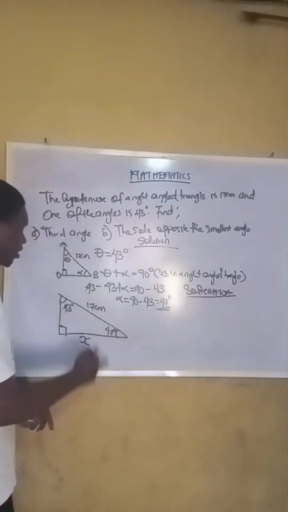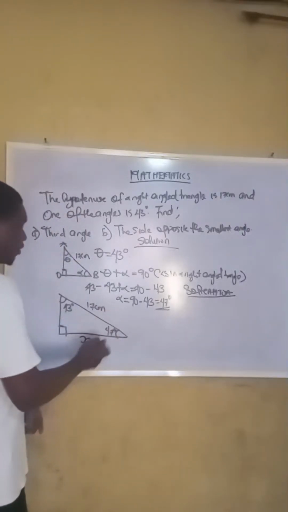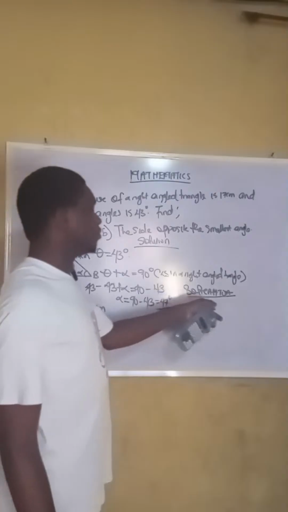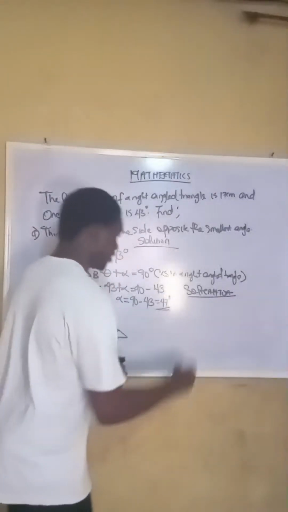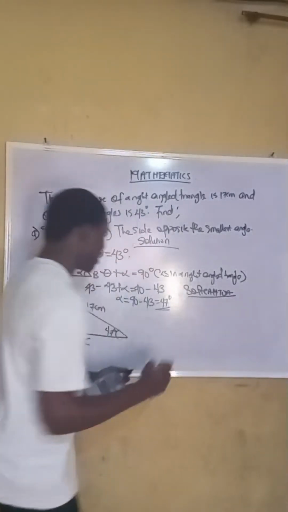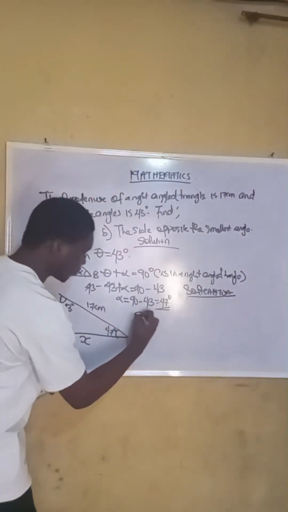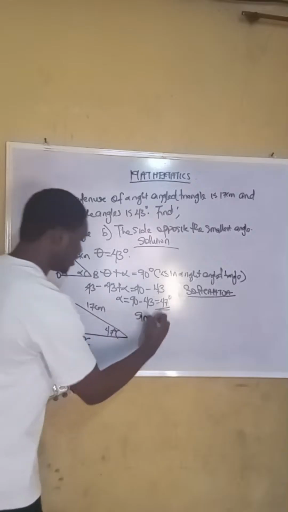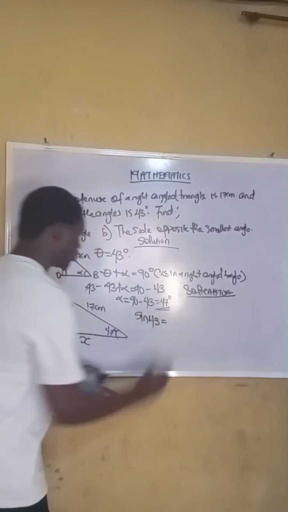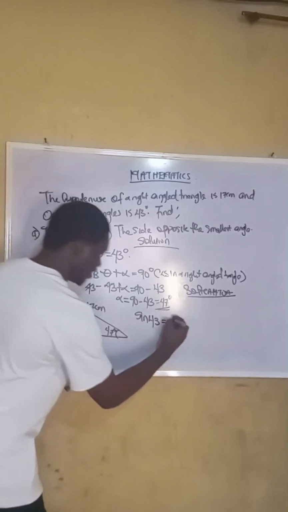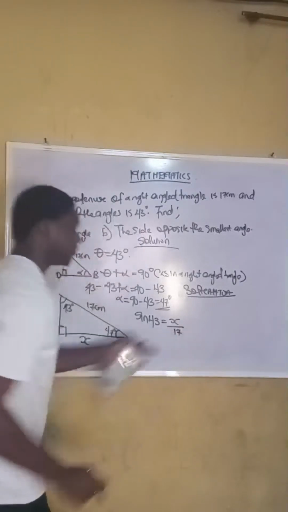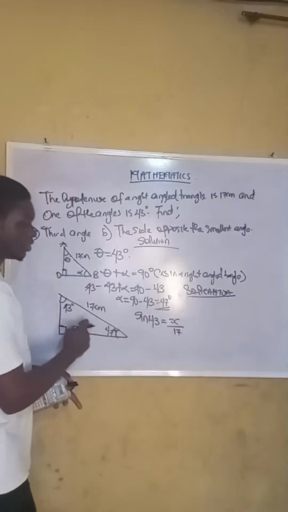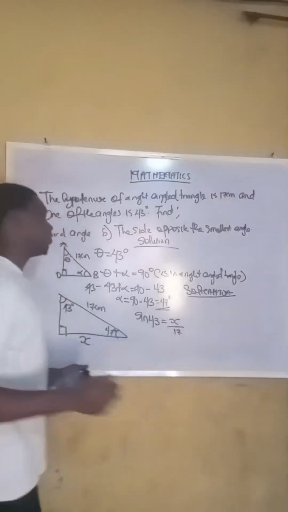Looking at this closely, we have opposite and we have hypotenuse. Which trig ratio are we using here? SOH, that is sine theta. So sine 43 degrees is equal to opposite over hypotenuse, x divided by 17, because x is opposite and 17 is the hypotenuse.